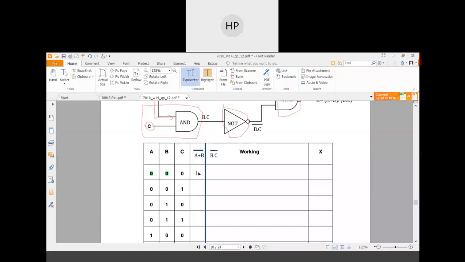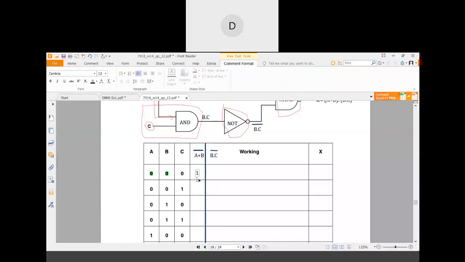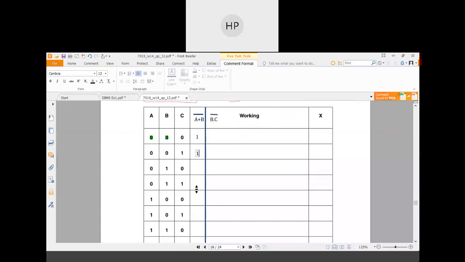Since it is A plus B inverted, once the 0 is inverted, it becomes 1. Done. Second row, A 0, B 0, 0 plus 0 is 0, inverted becomes 1.